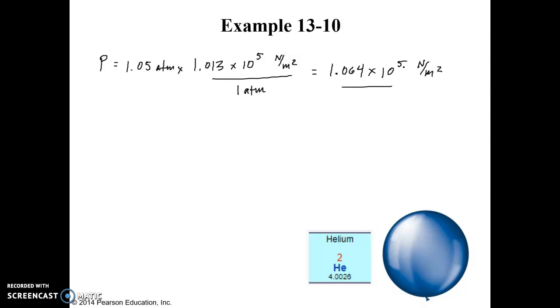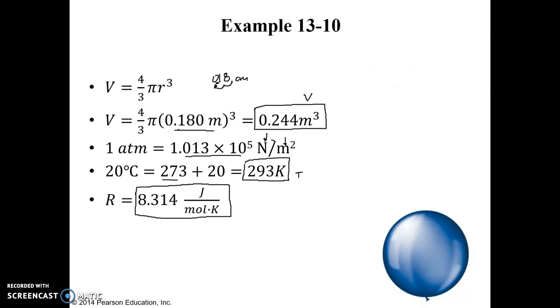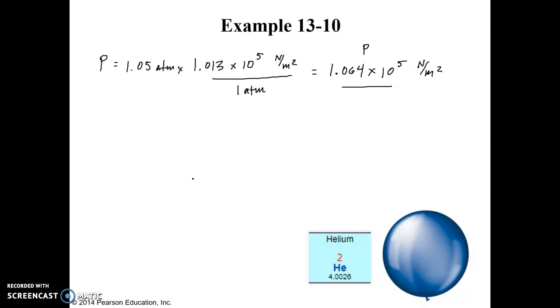So now that we've got the pressure, that's P, and on the previous slide we had volume and temperature, we can now use the ideal gas law. So the ideal gas law is PV equals nRT. And we want to know n.